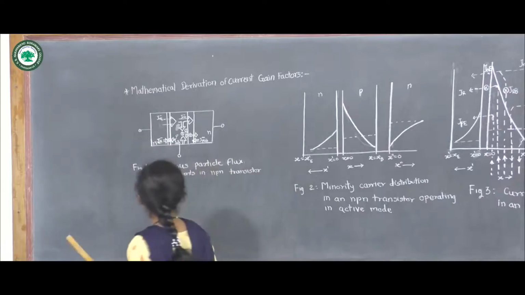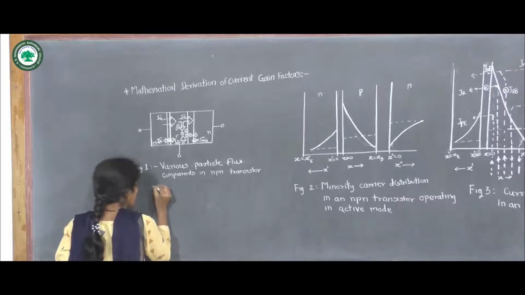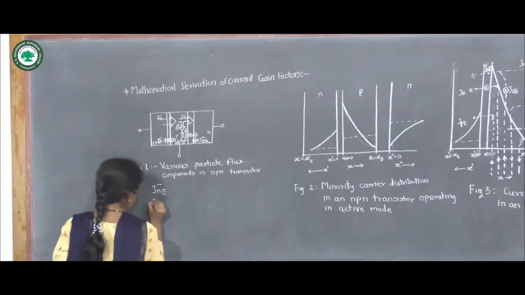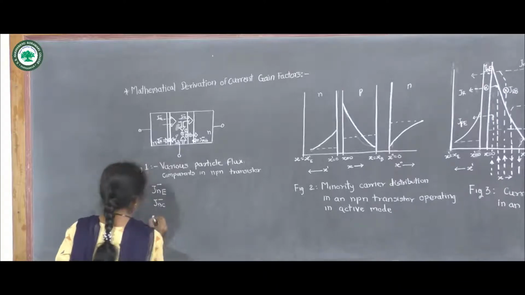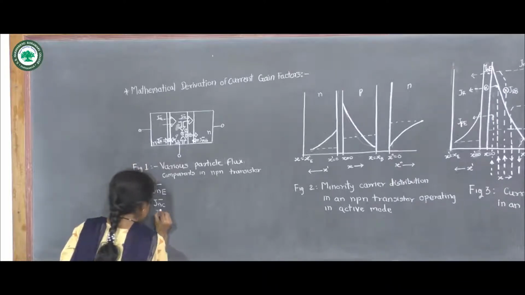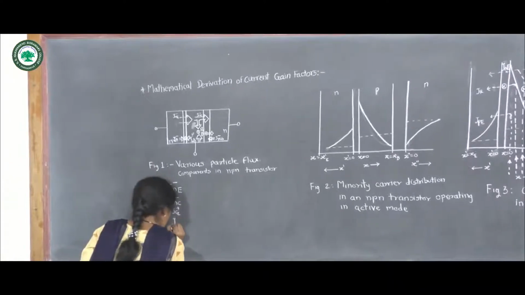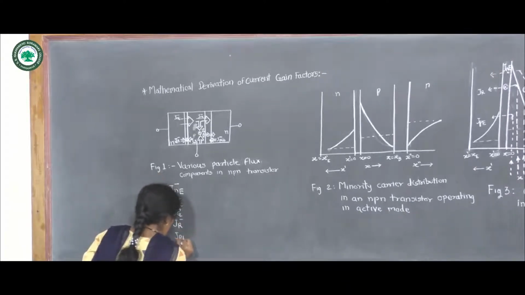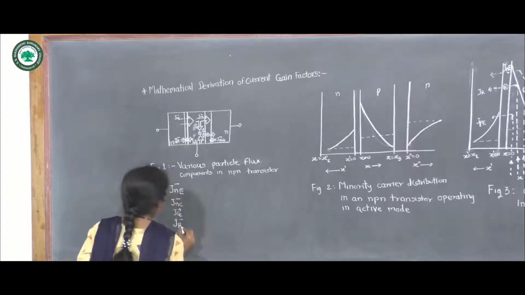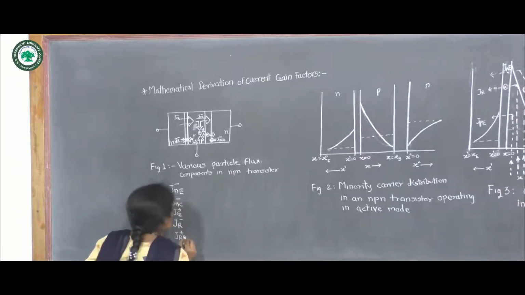So the various particle fluxes are JNE minus, then JNC minus, then Jg plus, again JR minus, and JRB plus, again JPCO minus.